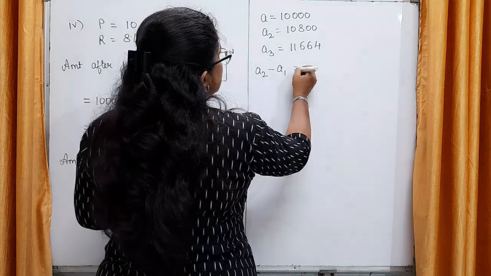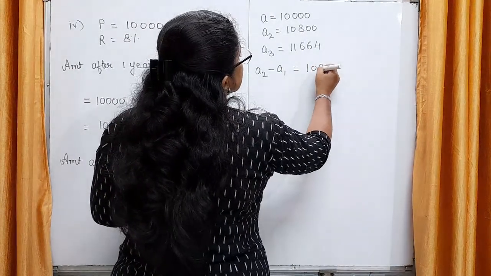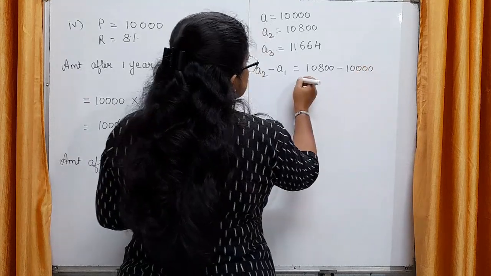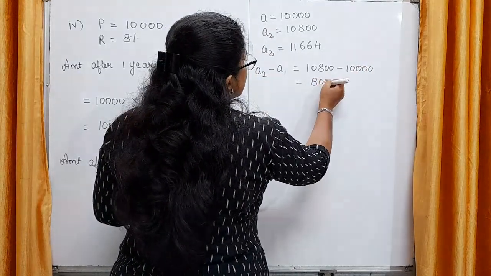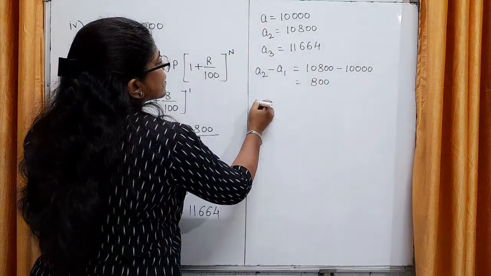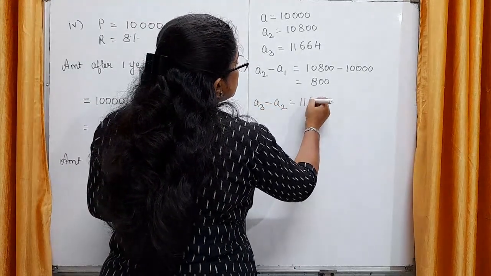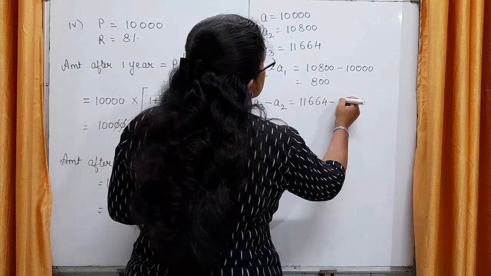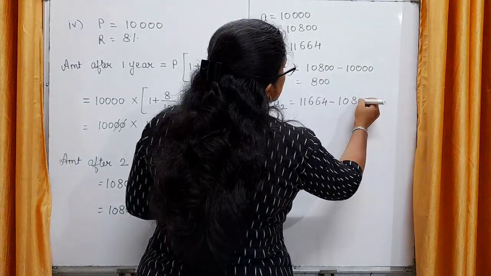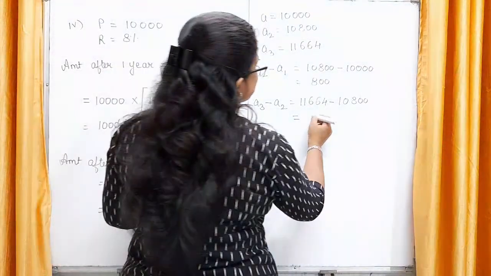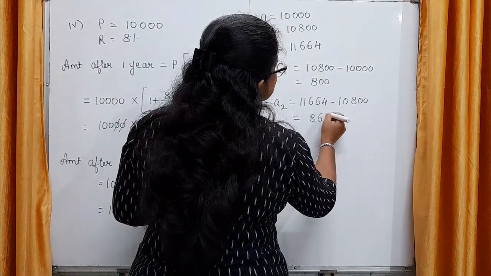A2 minus A1. 10,800 minus 10,000 is 800. Okay. A3 minus A2. 11,664 minus 10,800. Now here what we get? 864.